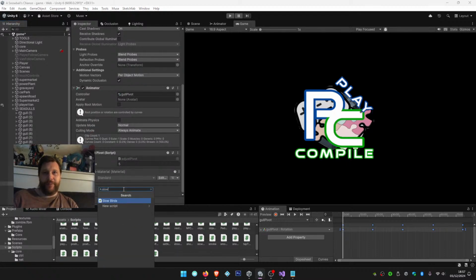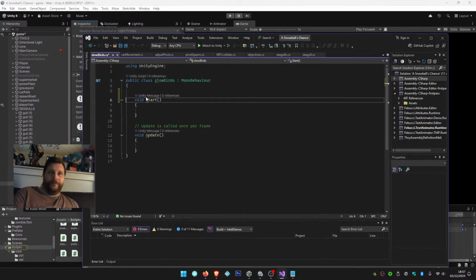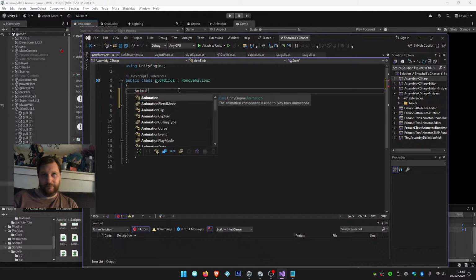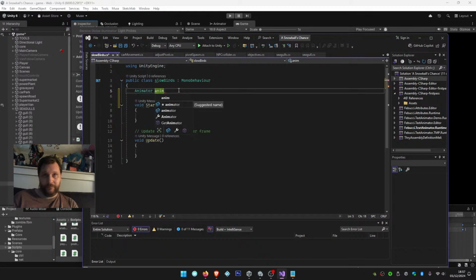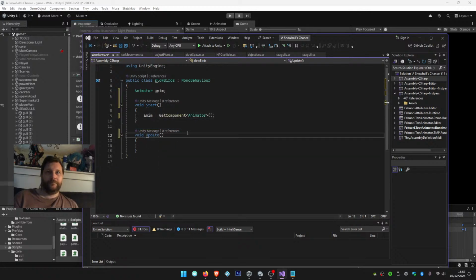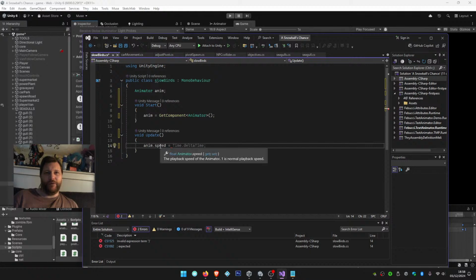I'm going to put it on the pivot. I imagine speed is going to be represented as a float.